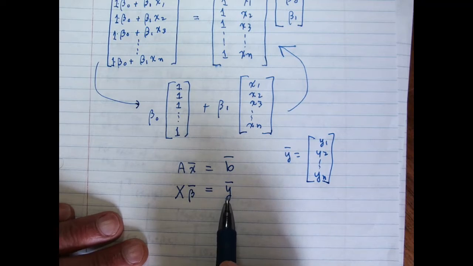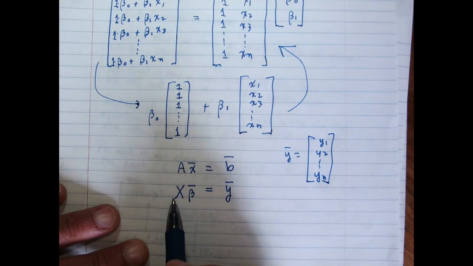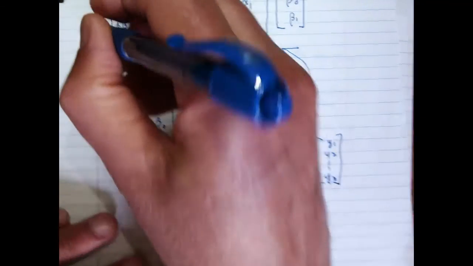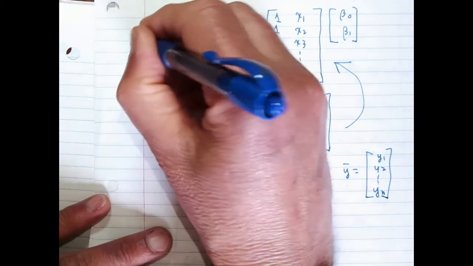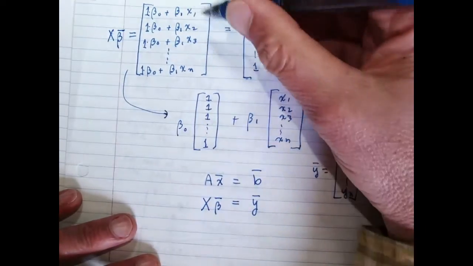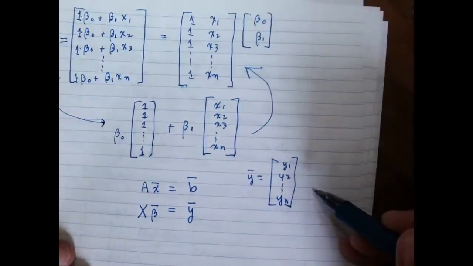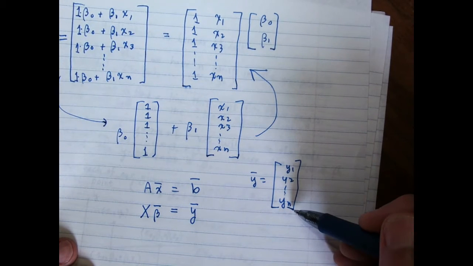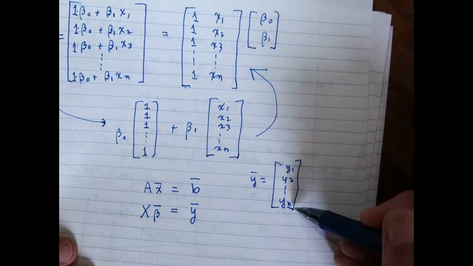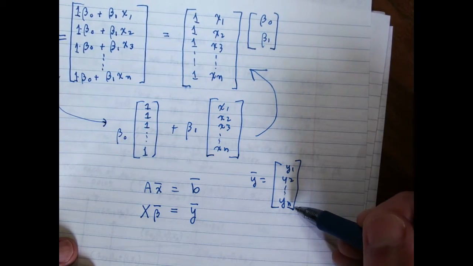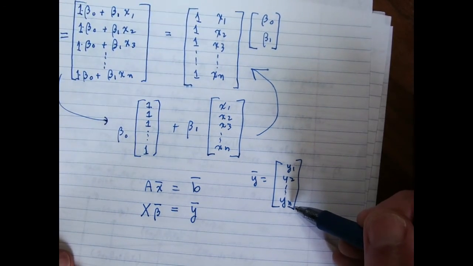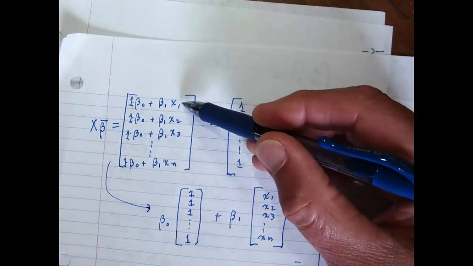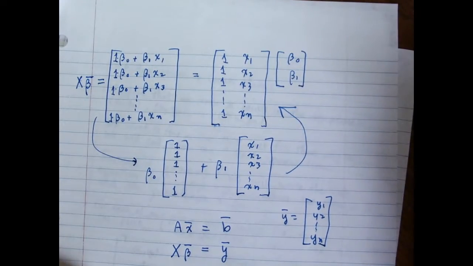That's what we would want the X beta, this is X beta right here, the X beta column vector we want equal to the y column vector, but it's not normally going to come out to be equal, and there's no solution beta 0, beta 1 that makes them equal.